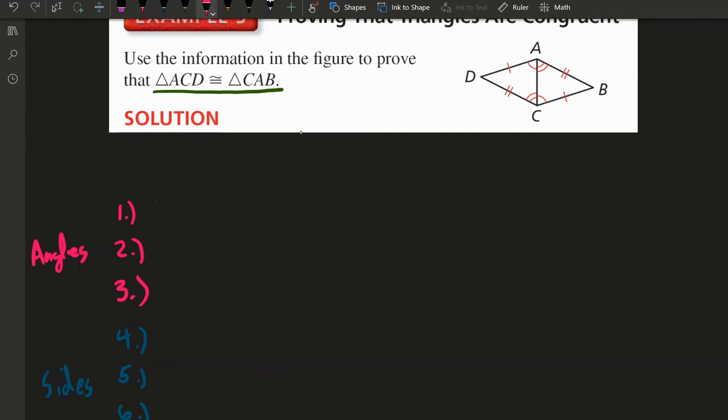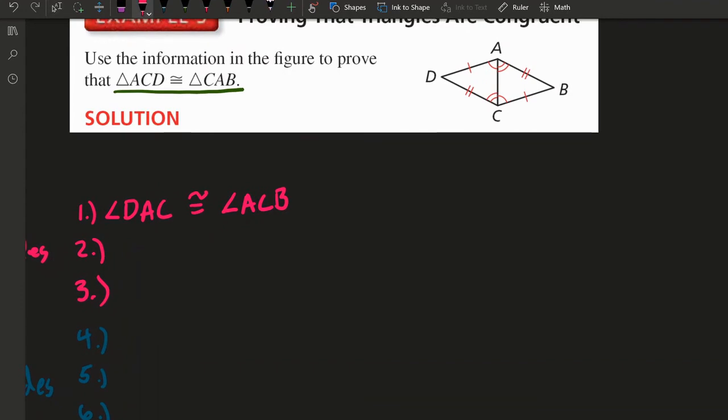So I have to say angle DAC is congruent to angle ACB. Now, if I look at those angles, DAC and ACB, I can see there's this mark on the picture that shows that they're congruent. So, since it's already on the picture, the answer is given.